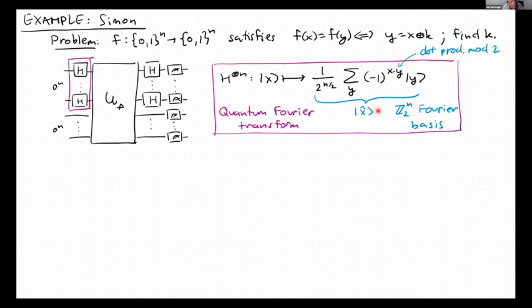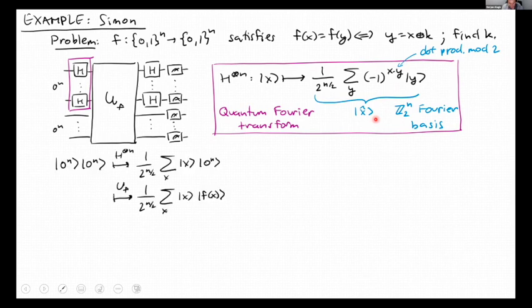Okay, and again here you'll recognize the Z mod 2 to the n Fourier transform, and so we can reasonably label these states as x hats. Okay.